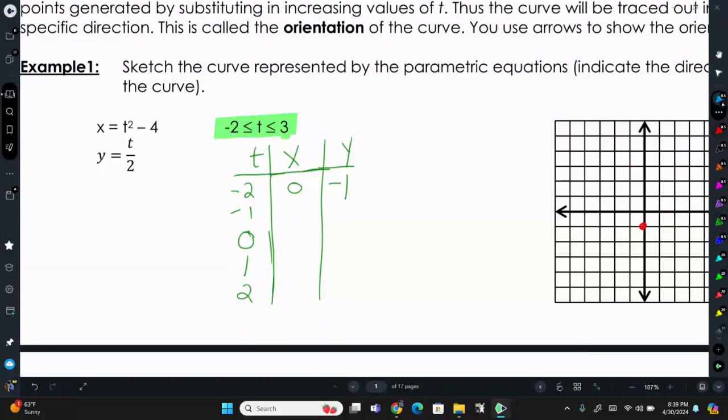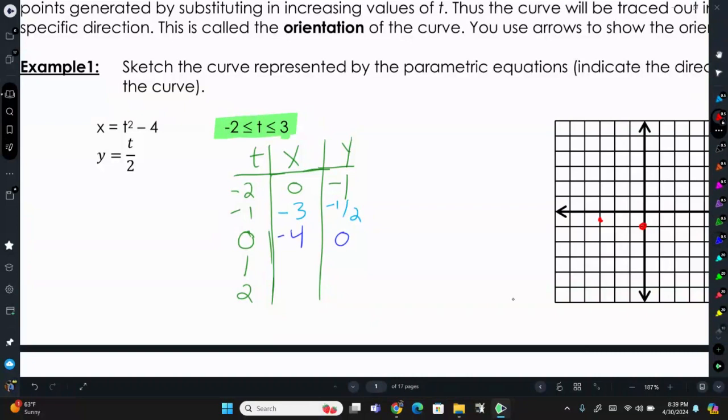Then we substitute in negative 1. Negative 1 squared minus 4 gives us negative 3. And then negative 1 over 2 gives us negative 1/2. So our second point is going to be at negative 3, comma, negative 1/2 right here. Then when we substitute in 0, for the x equation, we get negative 4, and for the y equation, we get 0.